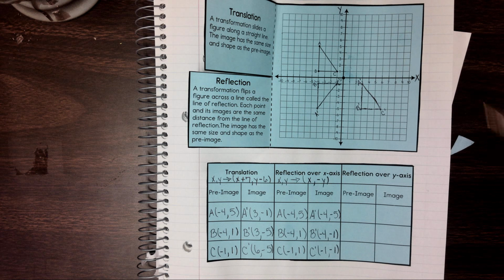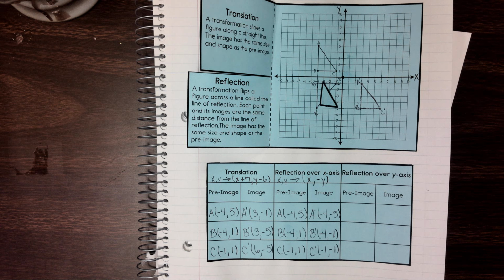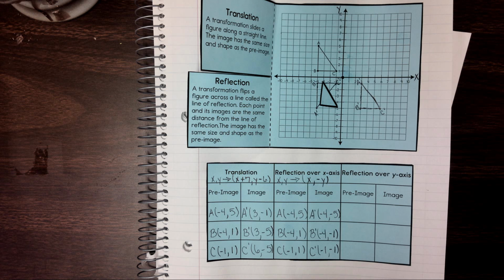And again, this is our reflection over the x-axis. Once again, just a reminder, if you need to pause the video, please go ahead and do so. If you need to play it back, go ahead and do so again. This is for your understanding, okay? So do it as many times as you need to actually understand the information.